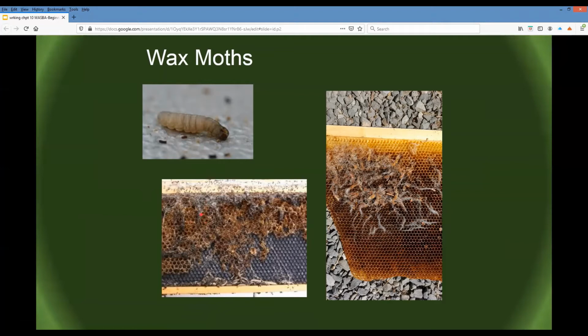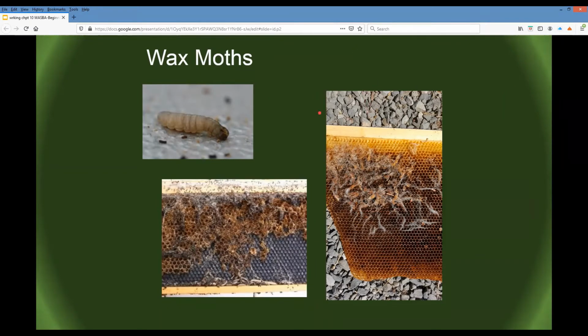Usually you see the wax moth evidence on equipment that's been improperly stored, like frames not allowed to freeze. If you get a frame like this in the spring, you can clean it off, or you can stick it in the hive and the bees will actually clean it out.